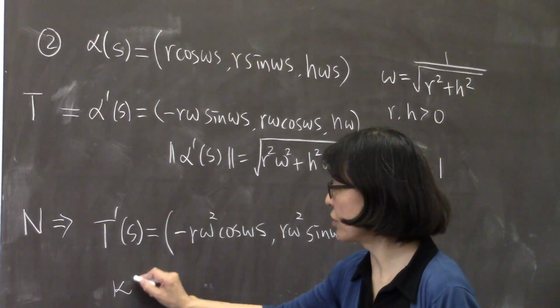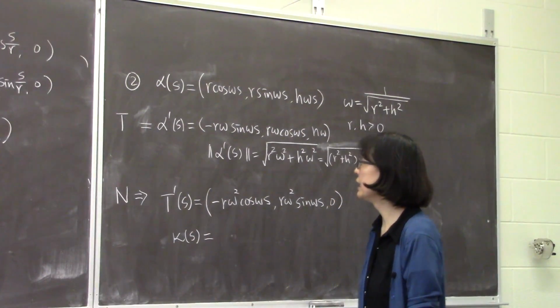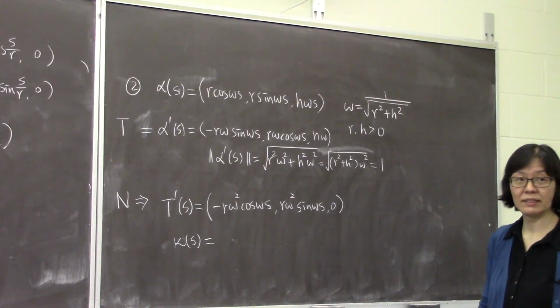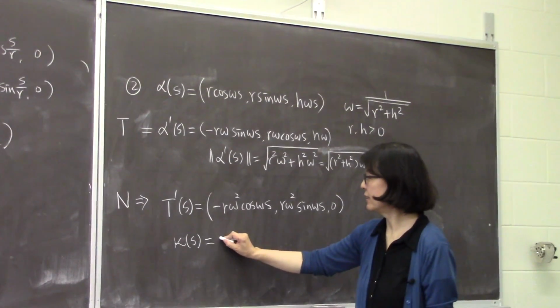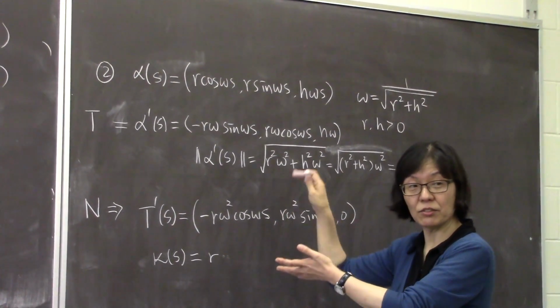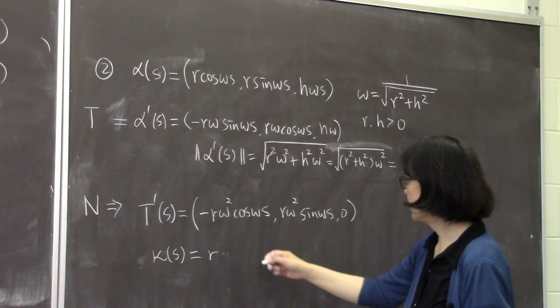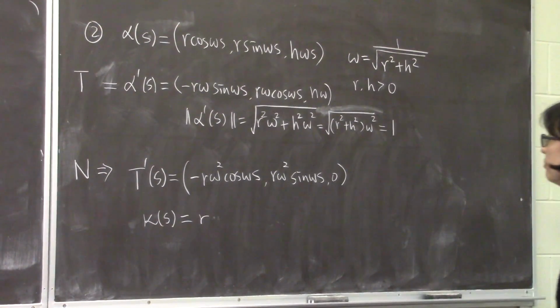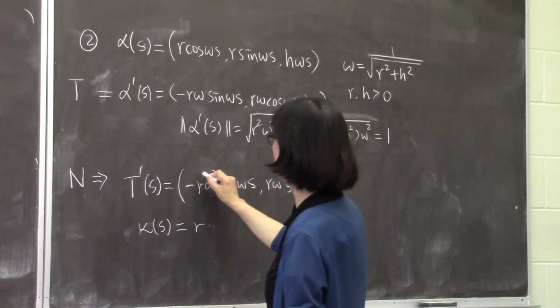So what is the curvature? Actually, with the square and square, add them, right? And take the square root. So R, R squared.